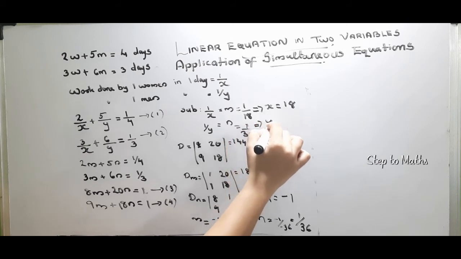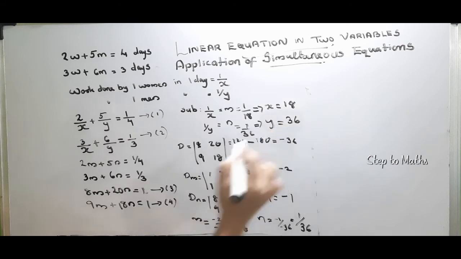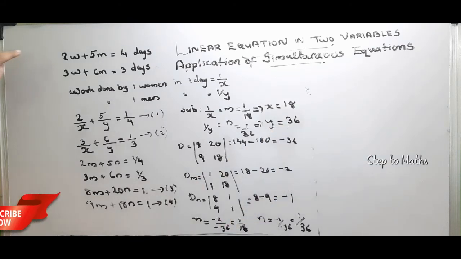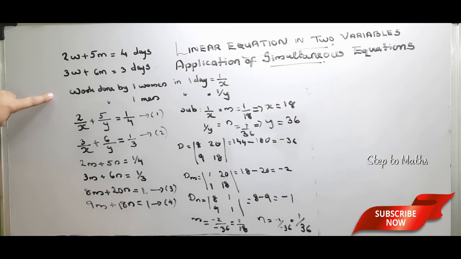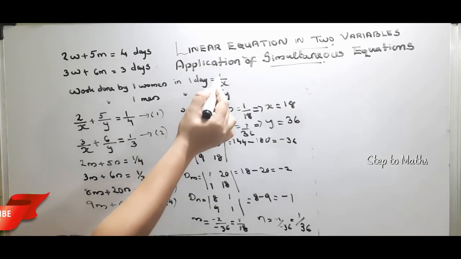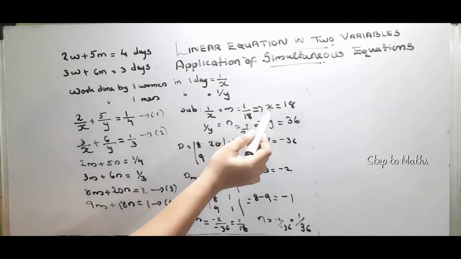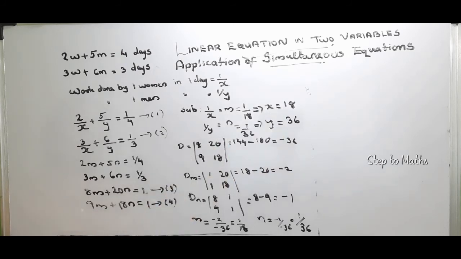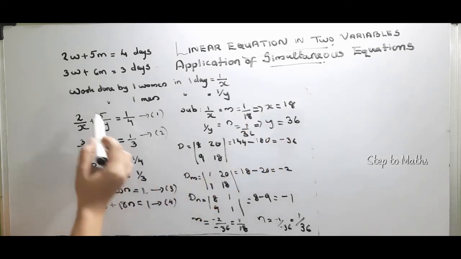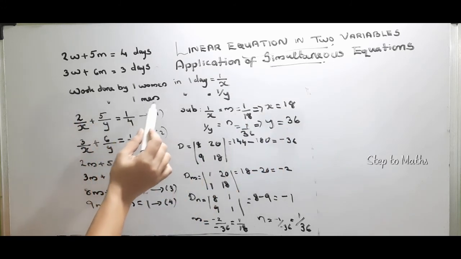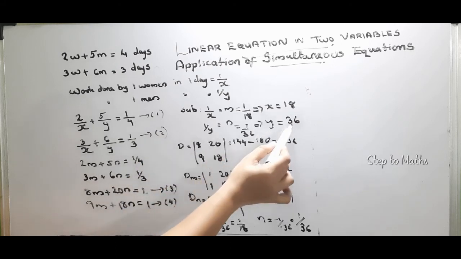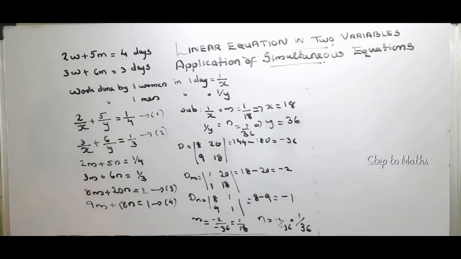That implies y is equal to 36. That's our solution: the work done by one woman alone requires 18 days, and the work done by one man alone requires 36 days. That is the solution of this problem.